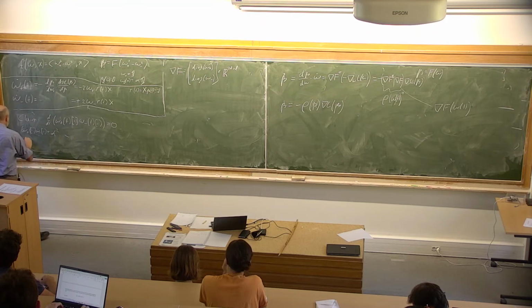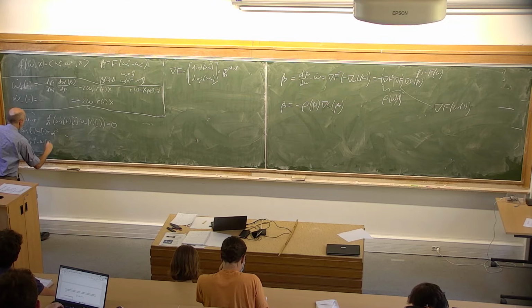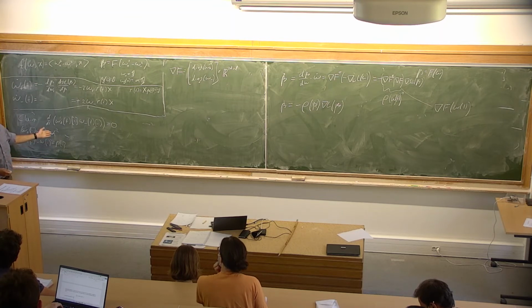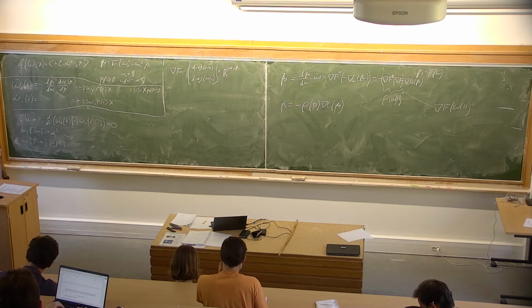And W plus squared minus W minus squared is equal to the ith coordinate of beta. Now we have two equations and two unknowns, and we can solve them. Again, I'll leave this as an exercise to the people writing the notes. It's just a quadratic equation.